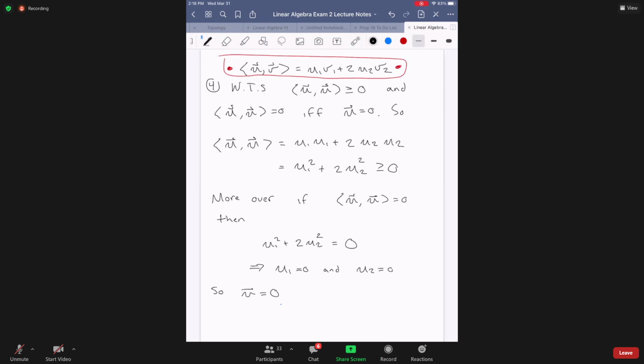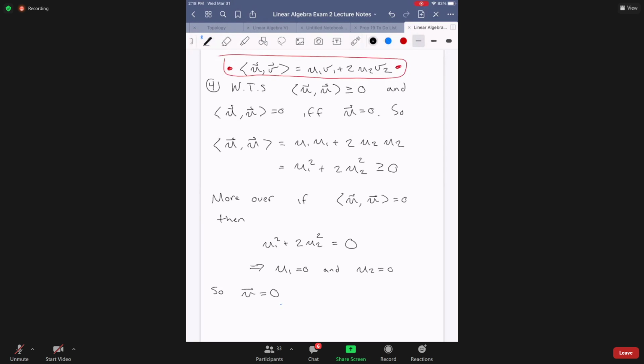It serves as a way to show you how you show something's an inner product. You check these 4 things like a checklist. Once you check them, the thing is an inner product. So this thing can give you distance, angles, and all that other stuff, right?